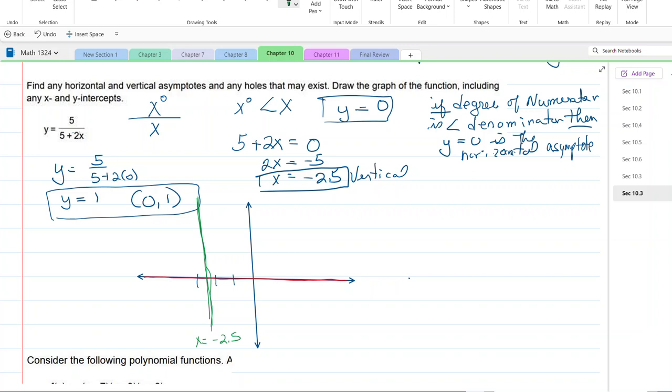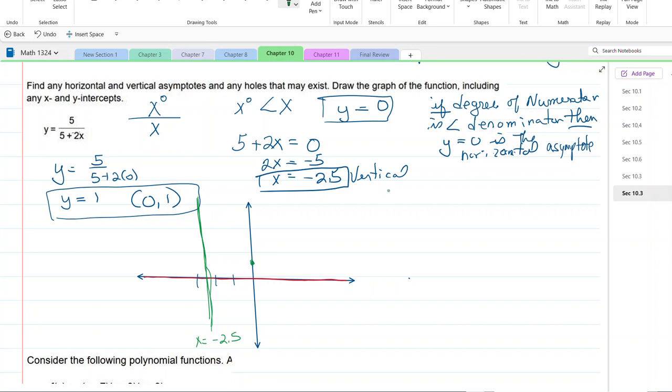All right. And then I have a 0 and 1. So I'm going to say that's my 0 and 1. And I know it can't cross. So maybe it goes this way, and then it goes this way.